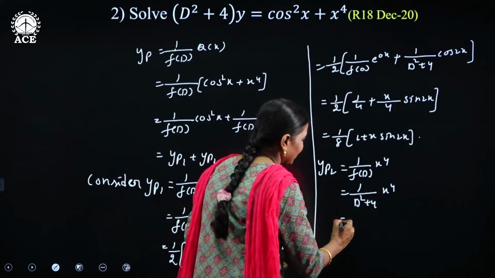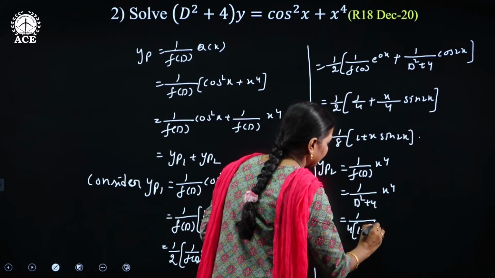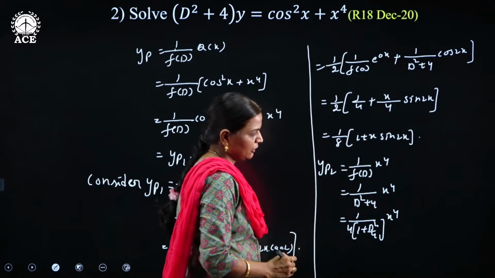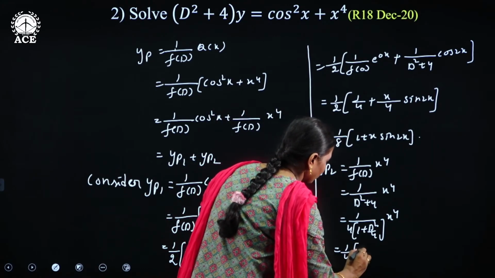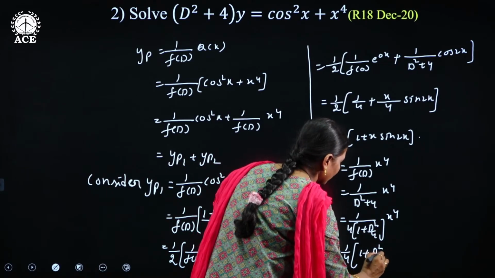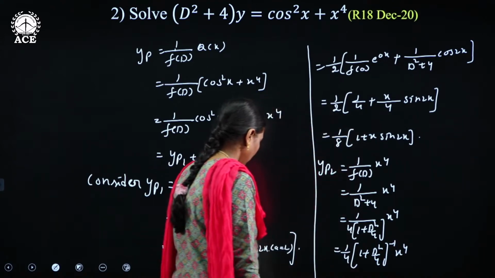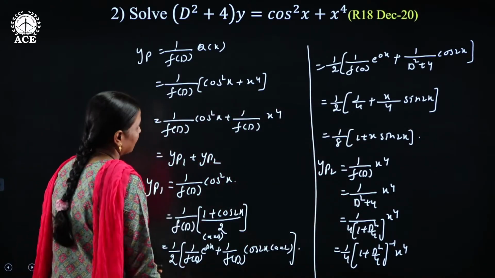So if we take 4 outside, 1 by 4 into 1 plus D square by 4 whole inverse into x power 4, and expand that into ascending powers of D.